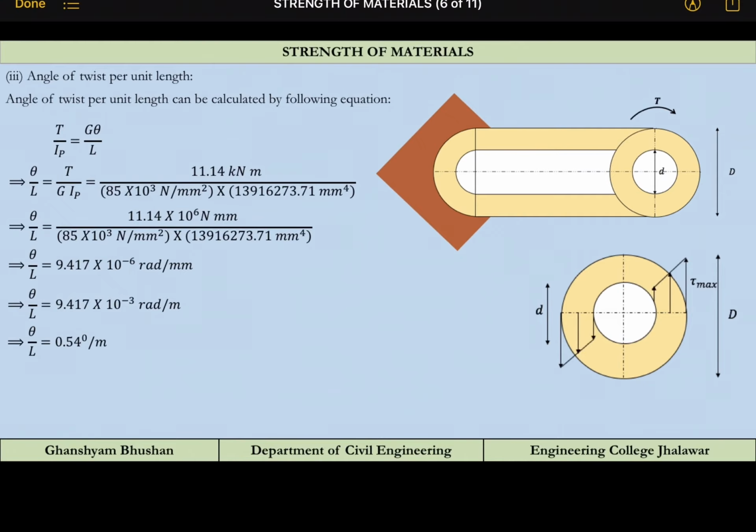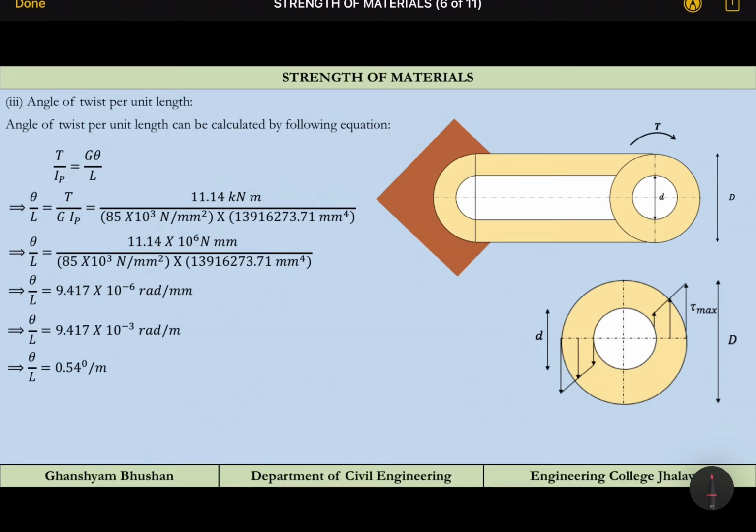Now we have to calculate the angle of twist per unit length. We have not been asked theta, they are asking theta by L, so please keep this in mind, because L is not given in the question. T by IP is G theta by L, so theta by L is T by G into IP. T is given, G is given, IP we have calculated.